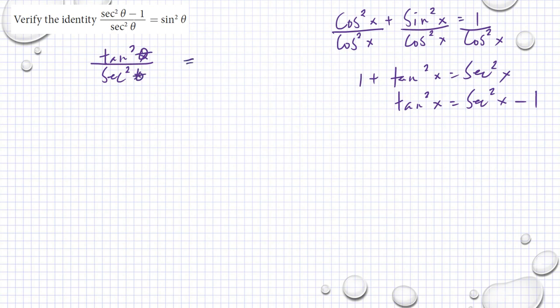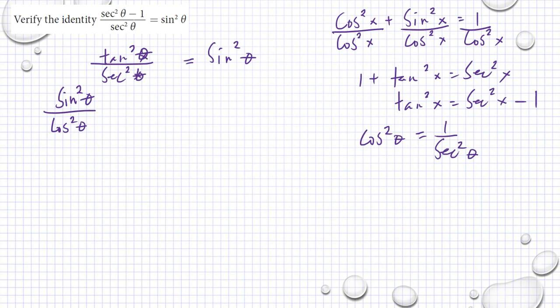Okay, we're supposed to show that it is sine squared theta. Let's see if we can do that. Tangent squared is sine squared theta over cosine squared theta. Cosine squared theta is equal to 1 over secant squared theta. That means secant squared theta is equal to 1 divided by cosine squared theta.